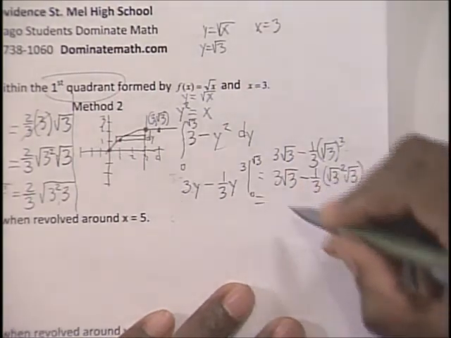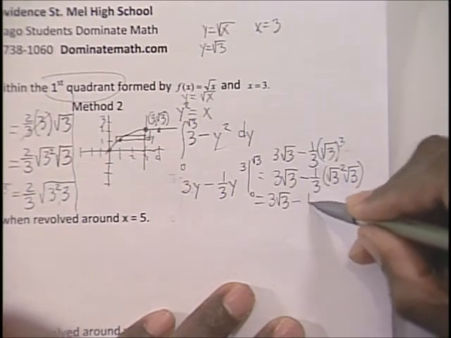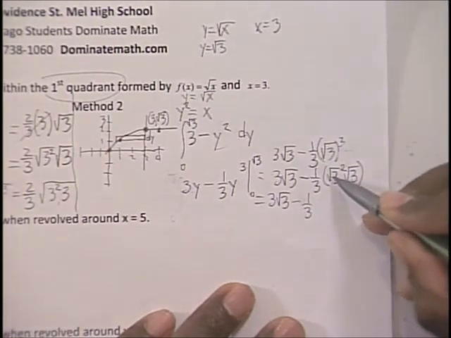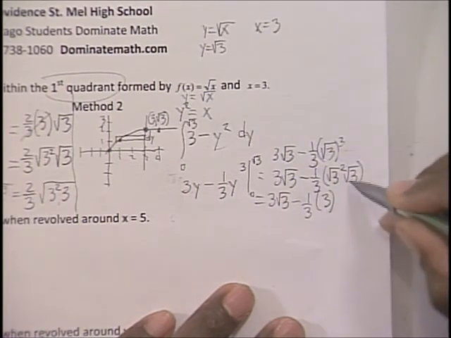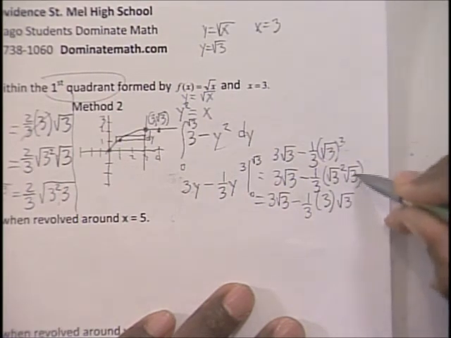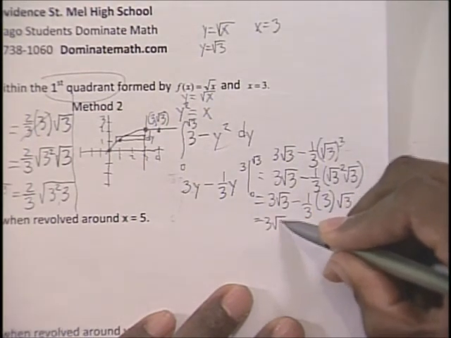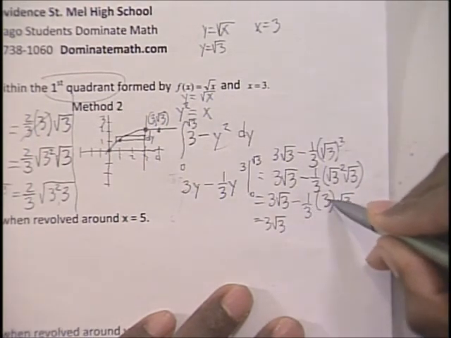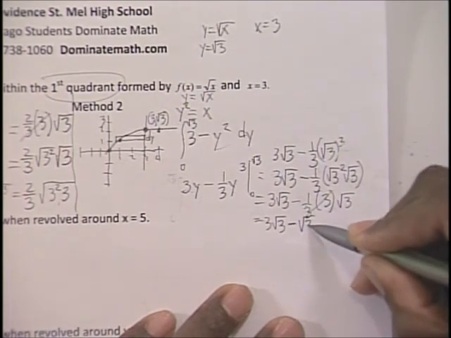Radical 3 squared is just 3, times the radical 3, so you end up with 3 radical 3 minus 1/3 times 3 radical 3. The 1/3 times 3 cancels, and you end up with minus radical 3.